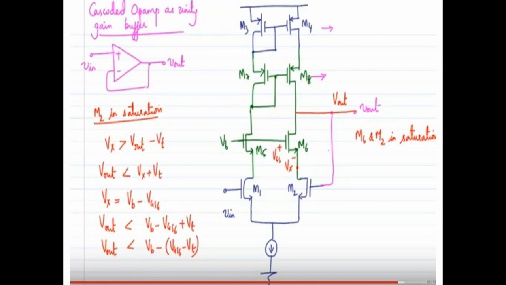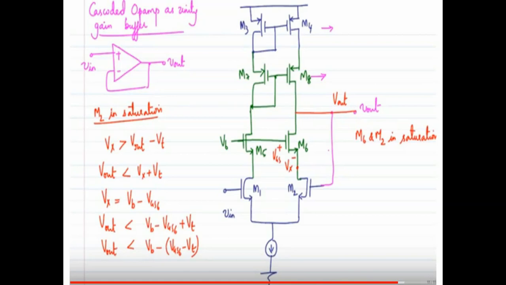Substituting the value of Vx into the equation for Vout, we get Vout less than Vb minus VGS6 plus Vt, which we can also write as Vout less than Vb minus VGS6 minus Vt.